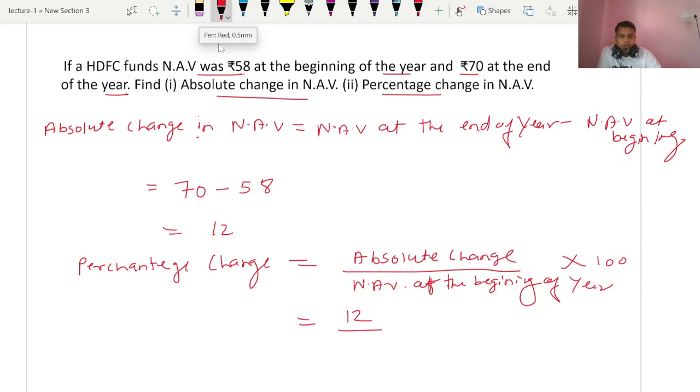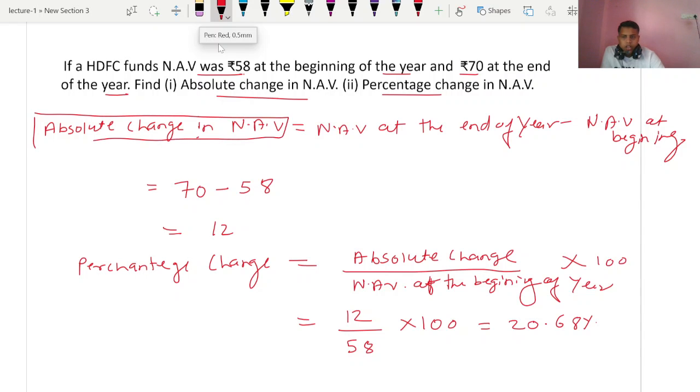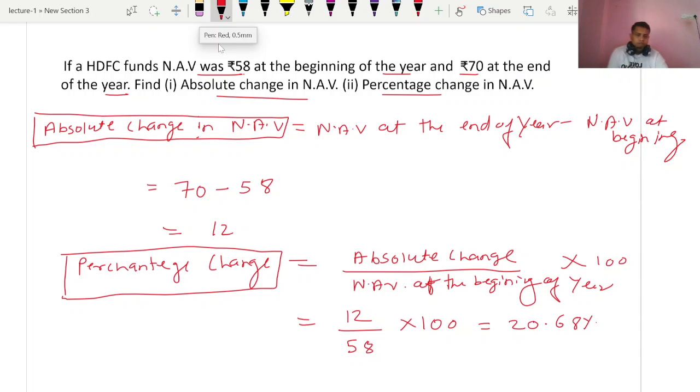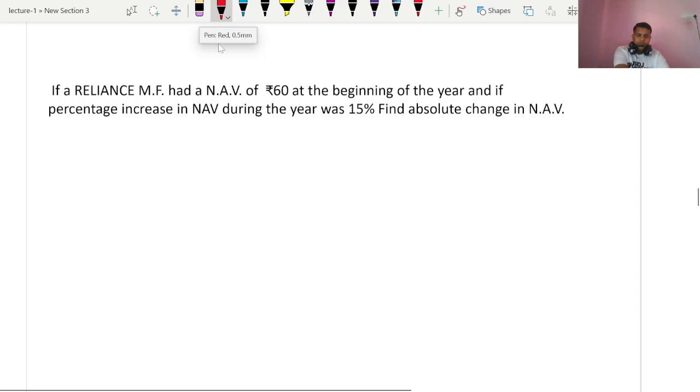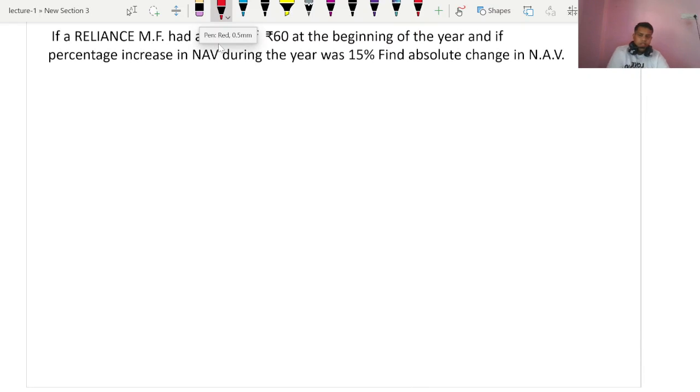What is the net asset value at the beginning of year? 58 and into 100. So if you calculate this, this will be something 20.68 percentage. Okay. So this is the way to find out absolute change in net asset value and percentage change. So these are the two formulas. Fine. Next question.